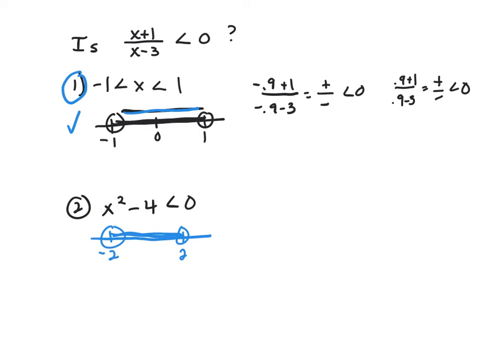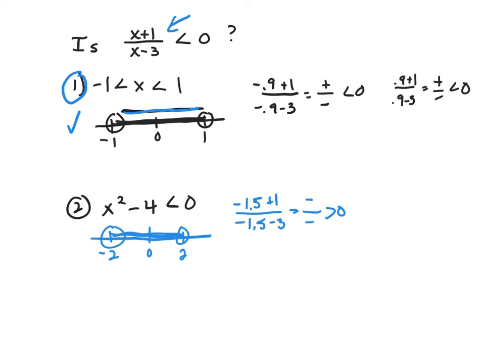So let's take negative 1.5, and I'm plugging it back in here. Negative 1.5 plus 1 over negative 1.5 minus 3. It looks to me like that's going to be a negative number over a negative number, and that makes that greater than 0, right?